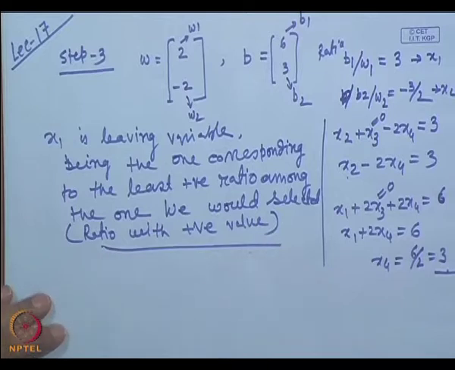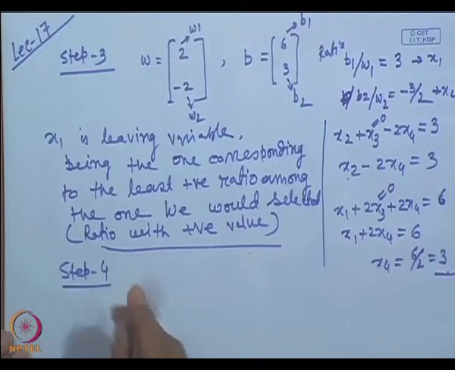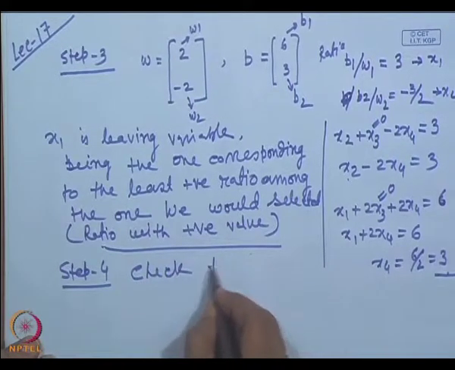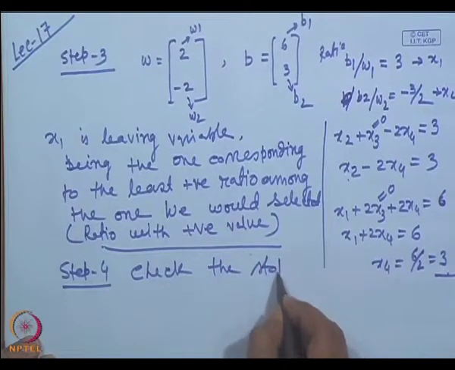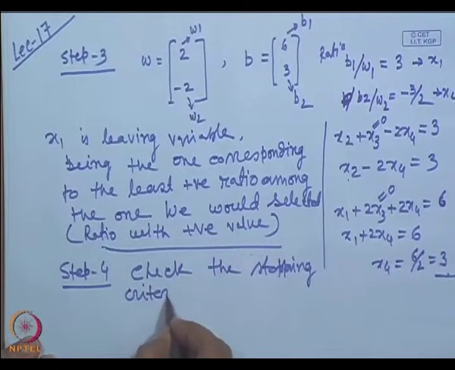So, the next step is step 4. Now we have selected, if you recollect, x 1 and x 3 as non basic variables in the next iteration, and x 2 and x 4 as the basic variables. So, you have to check the stopping criterion.